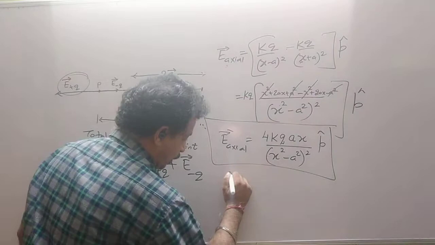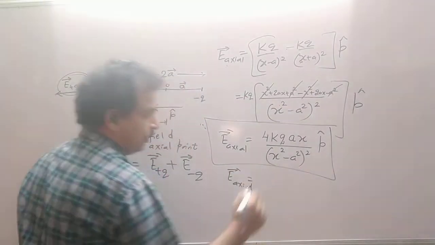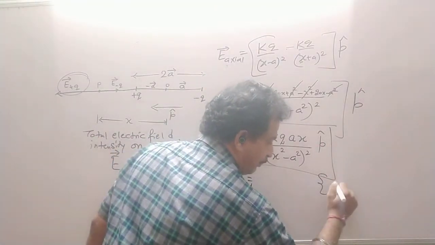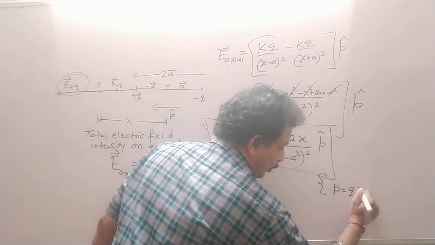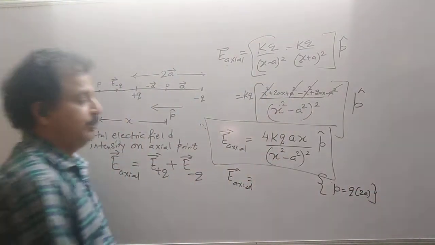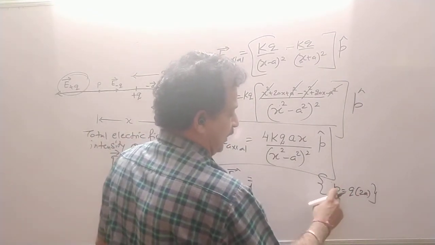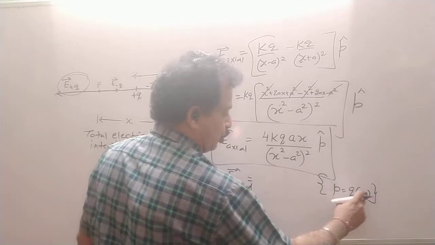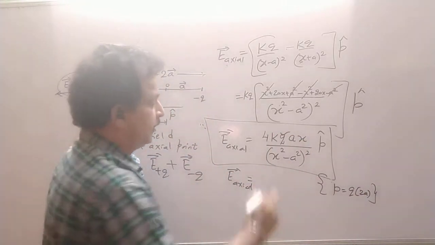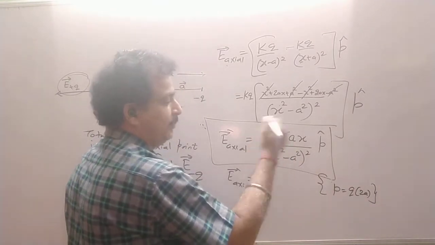Now because we have defined the electric dipole moment, what is the electric dipole moment? If I write the magnitude of p vector, it is q into 2a. It is the product of magnitude of charge and the distance between them. Now I am not writing p vector, I am taking magnitude, so q into 2a. We have q here. This 4 can be written as 2 multiplied by 2.